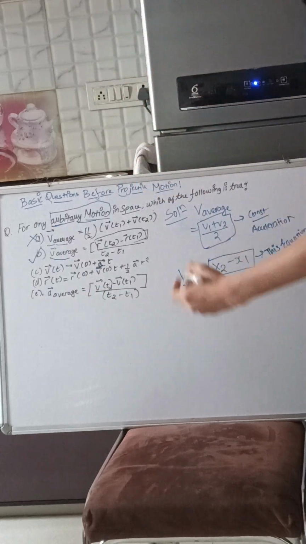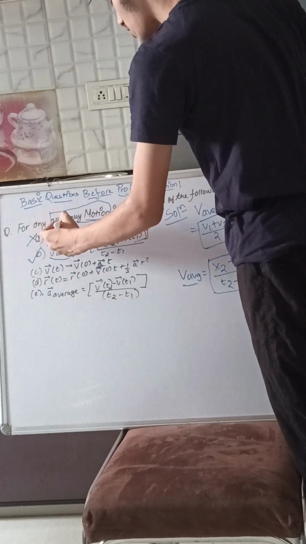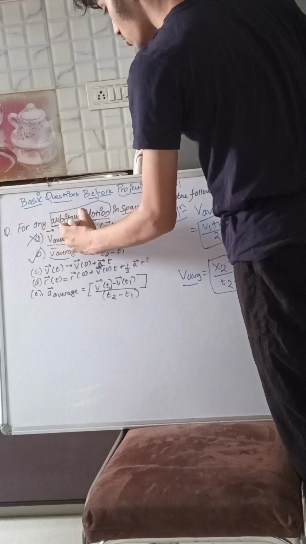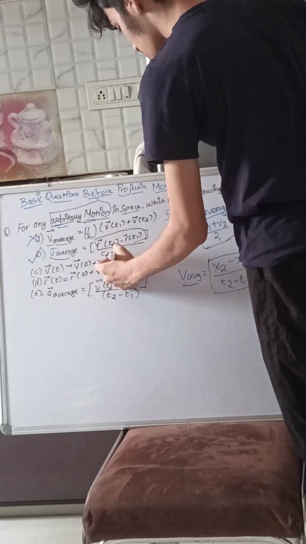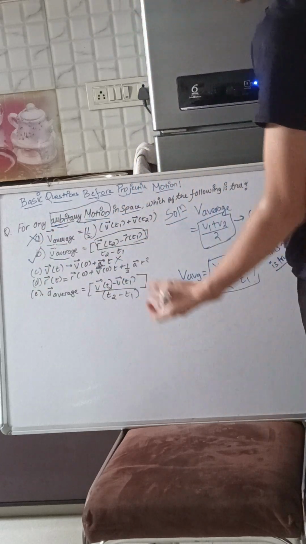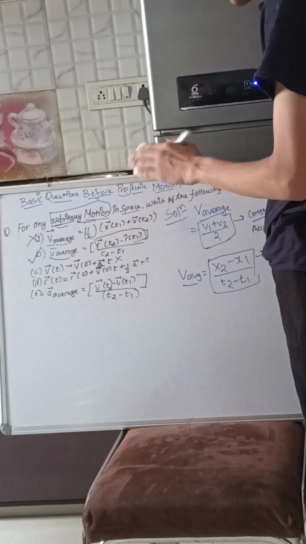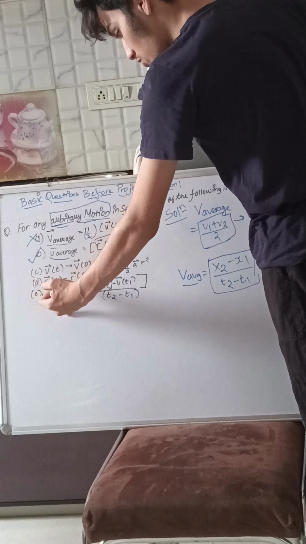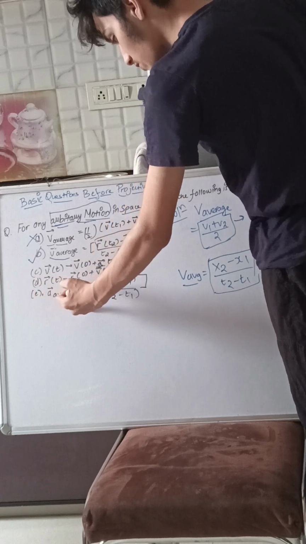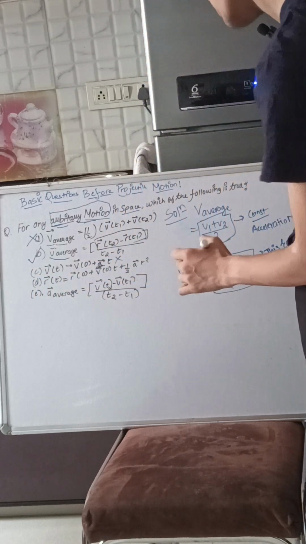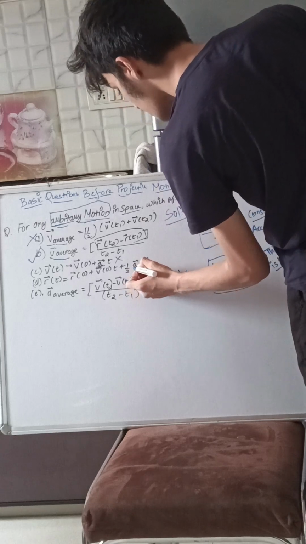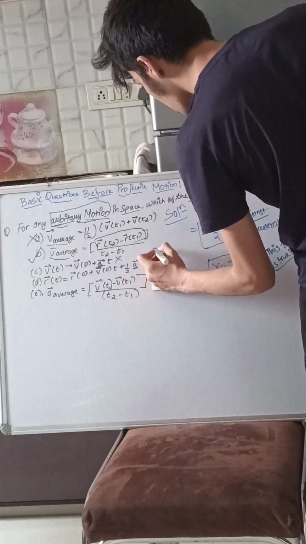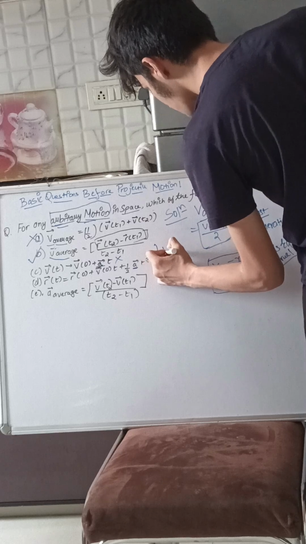In the question it is given arbitrary motion, so this becomes wrong, because the acceleration is changing and we need a constant one. And the fourth option, r vector as a function of t equals, we can also see there is acceleration in it. So both of them become wrong.